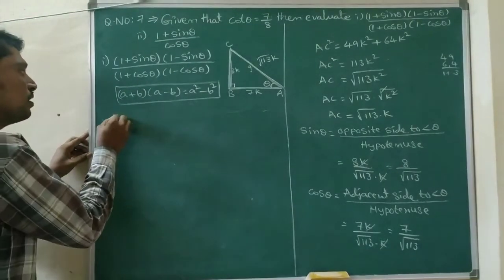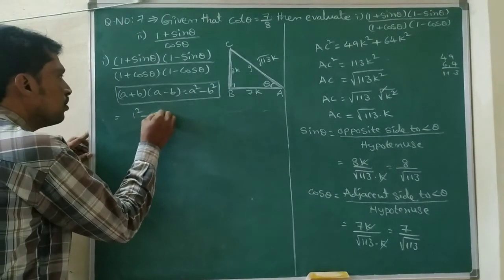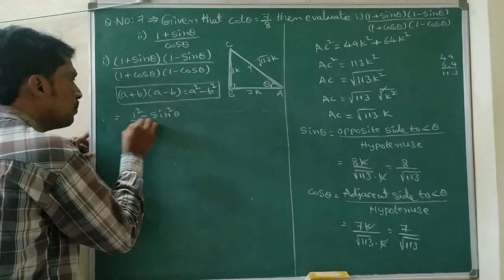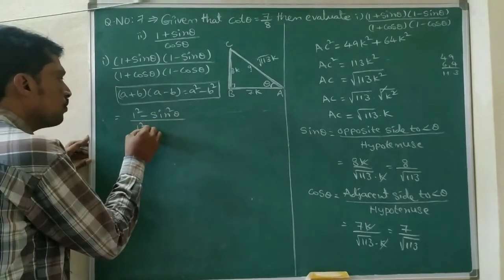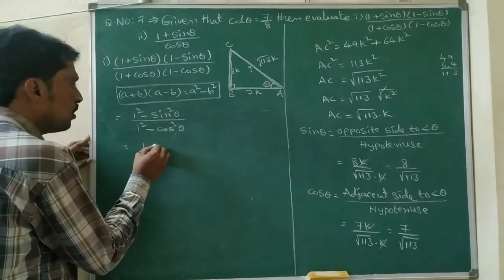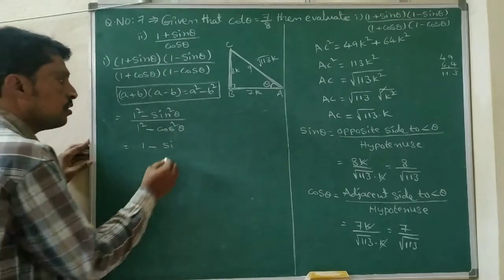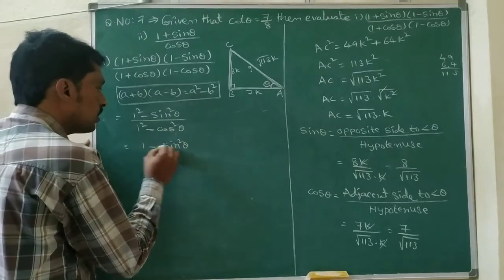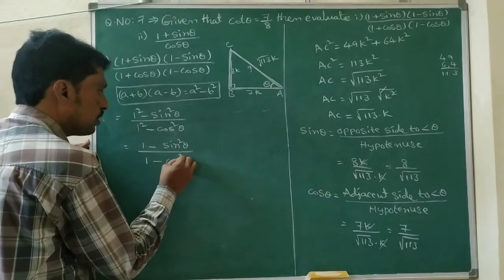A square minus b square means 1 square minus sin square theta by, here also (a plus b) into (a minus b) only, 1 square minus cos square theta. That equals 1 minus sin square theta, 1 square means that value is 1, by 1 minus cos square theta.